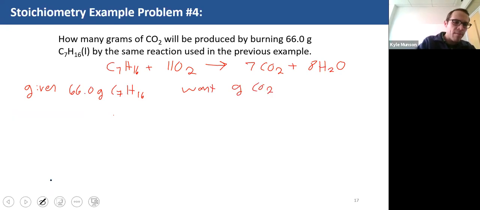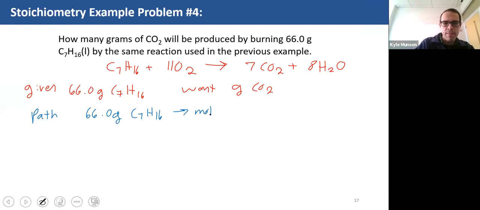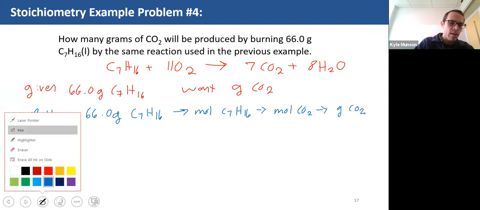My path is going to be 66.06 grams C7H16 of the heptane to moles of the heptane to moles of CO2 to grams of CO2.